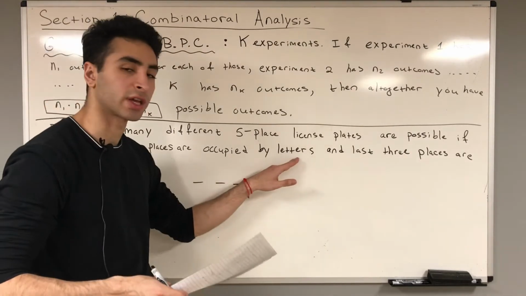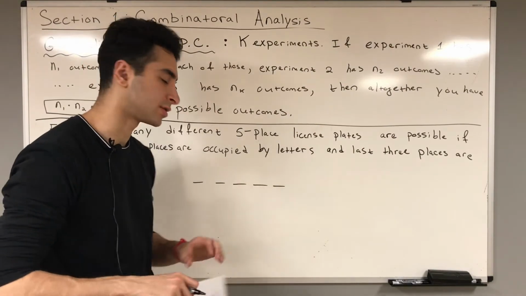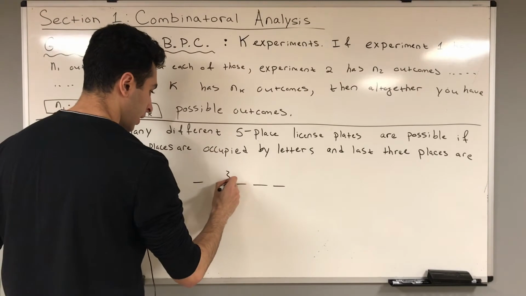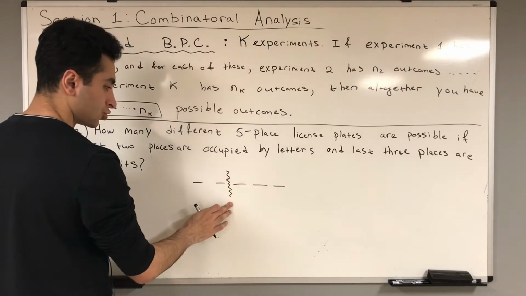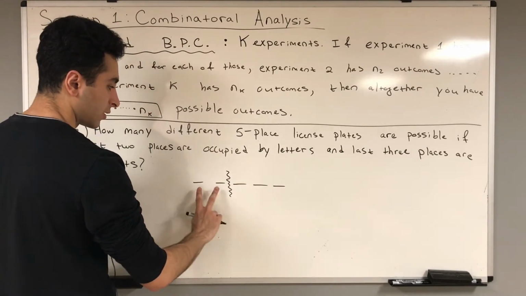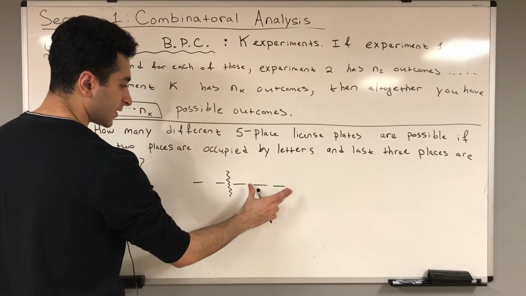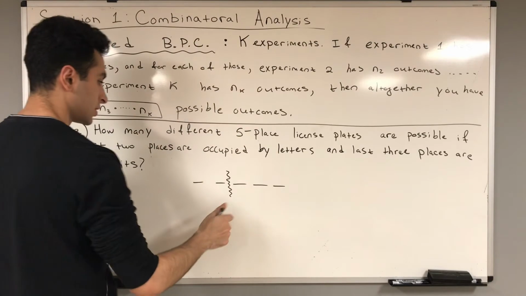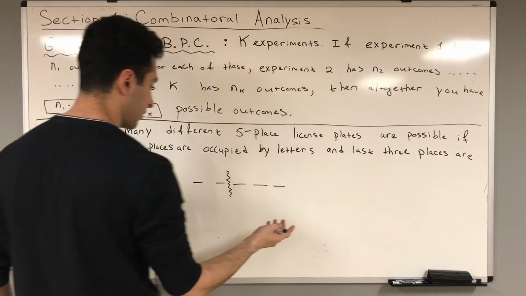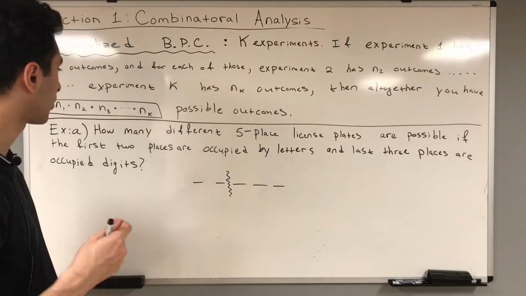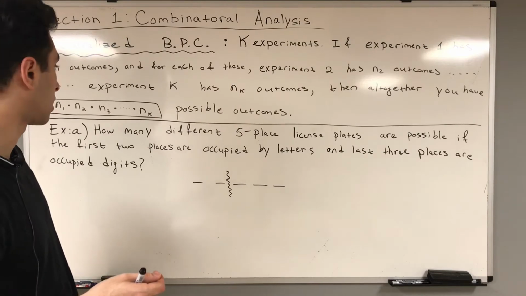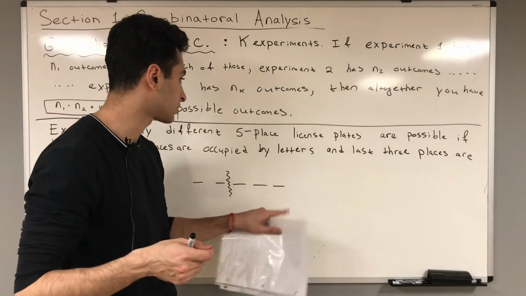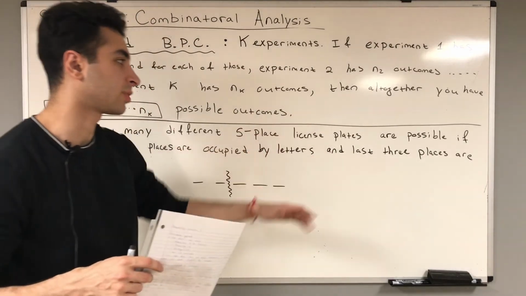You could assume the English alphabet for this, so 26 letters. I drew a divider here to illustrate that these two are letters. And then the last three places, 1, 2, 3, are occupied by digits. And we want to know how many different 5-place license plates we can create.